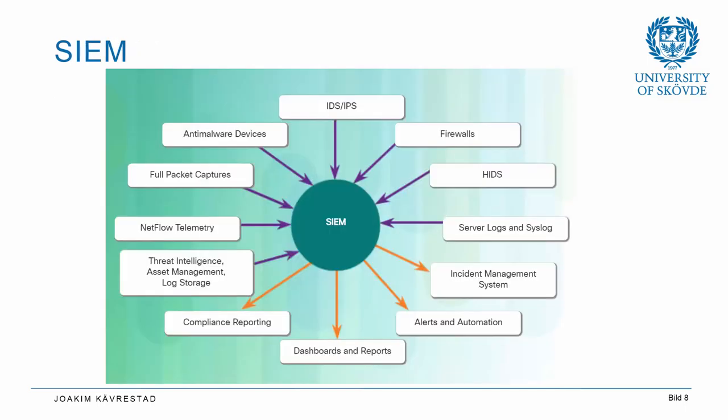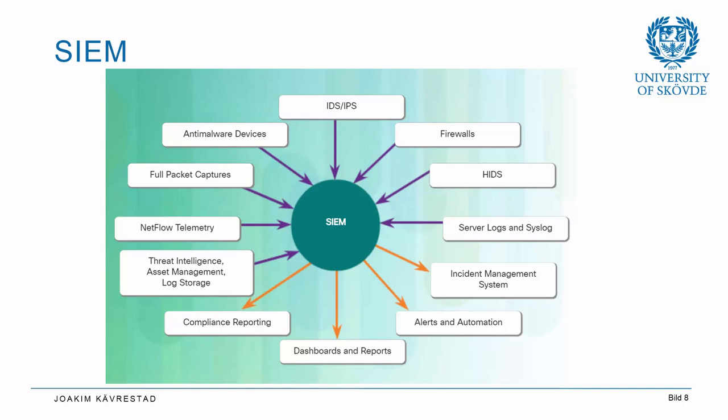So we have log files from all those different areas, from all different types of places, and we need some way to aggregate and make sense of all this data. And for that we use SIEM systems, and I'm just going to repeat here because we've been talking about SIEMs before.